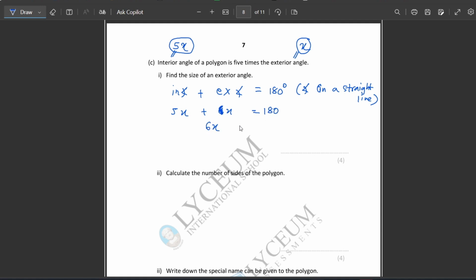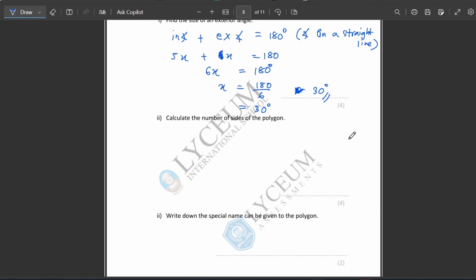So 6x equals 180. x equals 180 divided by 6. So the value is 30. Exterior angle value is 30.